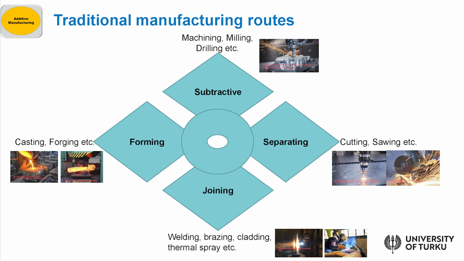Then we have separating types of manufacturing like cutting, sawing, etc. Then we have joining types of manufacturing like welding, brazing, cladding, thermal spray. And finally, we have forming types of manufacturing like casting, forging, etc. And now with this new way of manufacturing, which is additive manufacturing, coming into the picture, we will have an addition to these 4 categories.